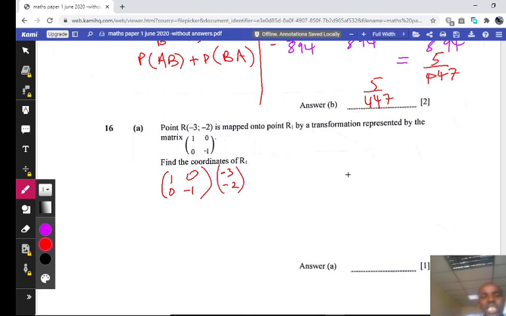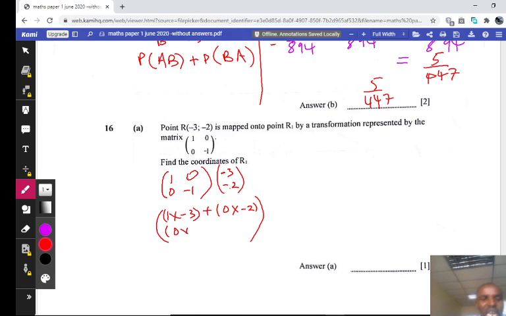Multiply matrices, row times column. So it's 1 times minus 3 plus 0 times minus 2. The second row with the column: 0 times minus 3 plus minus 1 times minus 2.